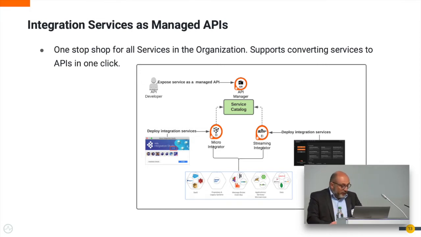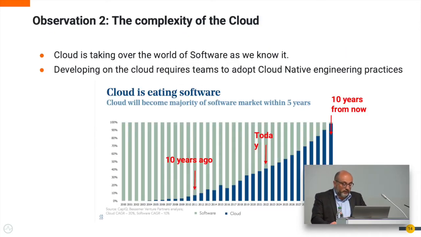The other challenge that guided us when we decided on our platform is the fact that the cloud is eating the software. If we look at this table, we see that around 40% of applications are running on cloud nowadays.